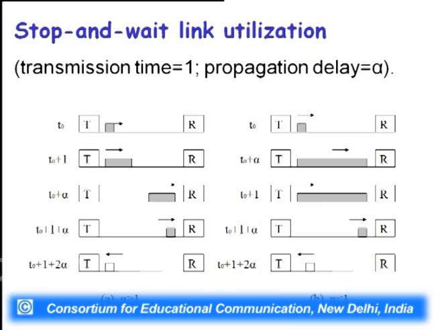Now, look at this. Assume that the transmission time is 1 unit and the propagation delay is alpha. You have to differentiate between both times. Propagation time is how much time a bit takes to travel from the sender to the receiver. It depends on the speed of the signal and the distance between the sender and the receiver.